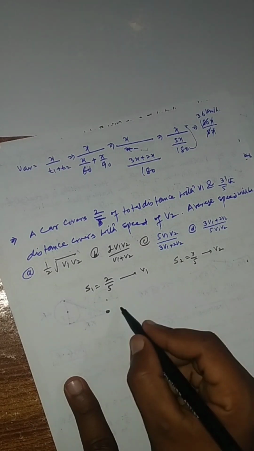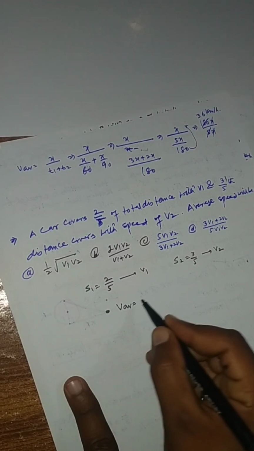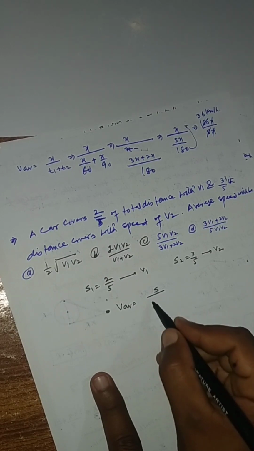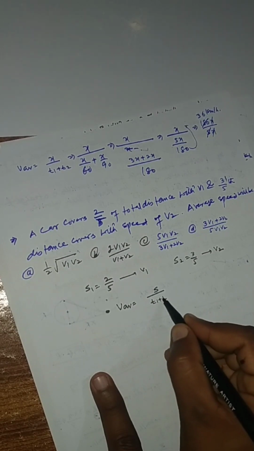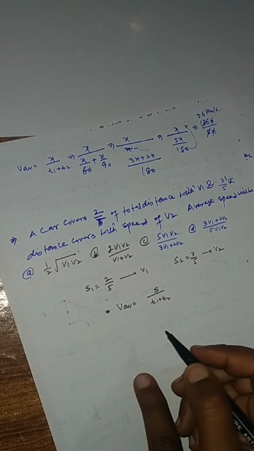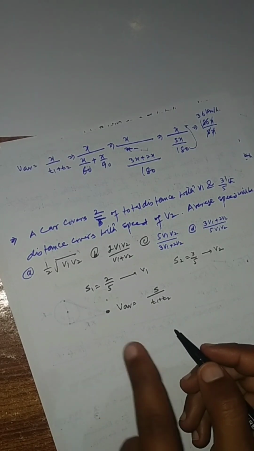Then we have to find the average speed. Average speed is equal to total distance over total time, which is t1 plus t2.